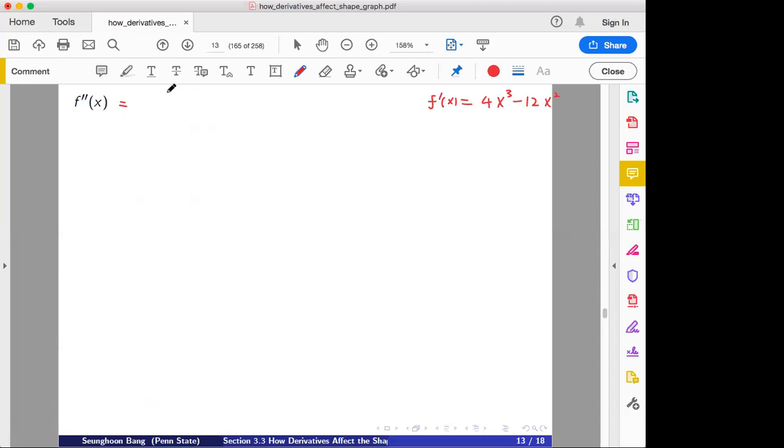What's the second derivative? The second derivative is the derivative of the first derivative. Not x squared, sorry, this is only 12x. Only 12x.